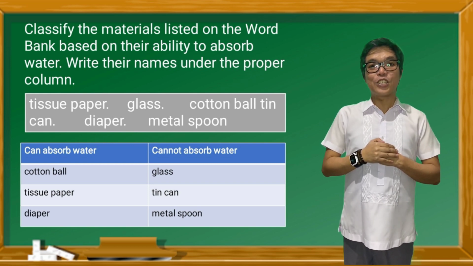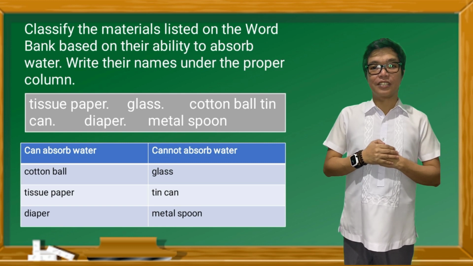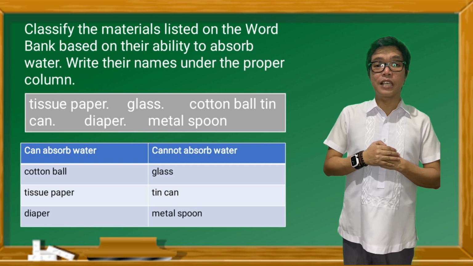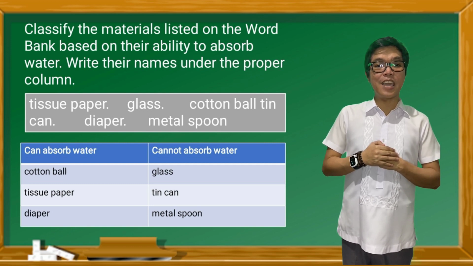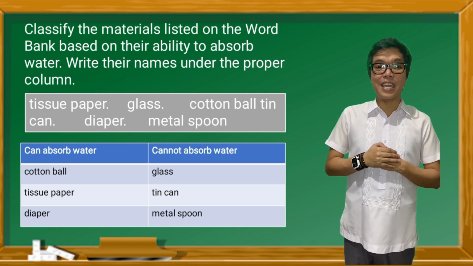Cotton ball, tissue paper, and diaper can absorb water. They are materials that seem to have no holes in them but are still able to absorb liquid because these materials have very tiny holes that only allow liquid to come in.